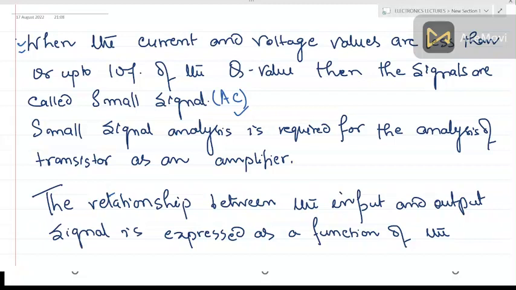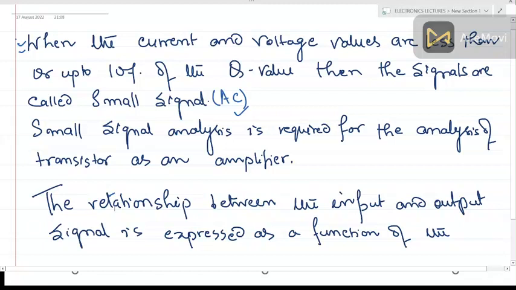Now the relationship between the input and the output signal is very important when you are discussing the amplification, because I have told you many times, what is the definition of amplification? Amplification means the input value is amplified or enhanced at the output. And we have roughly seen how a transistor acts as an amplifier. So this enhancement shows that there should be a particular relationship between the input and the output signal.